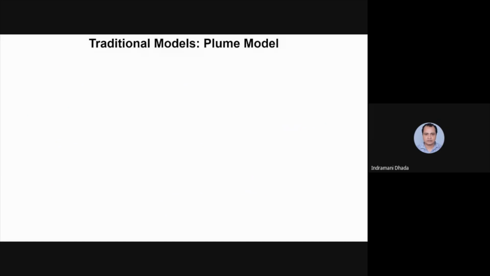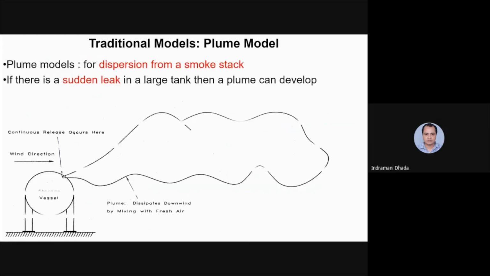Now, how are we predicting those pollutants? Suppose in a certain leakage, we think some mass M1 is leaked. How will we predict at the receptor how much concentration is reaching? It is through a certain model.